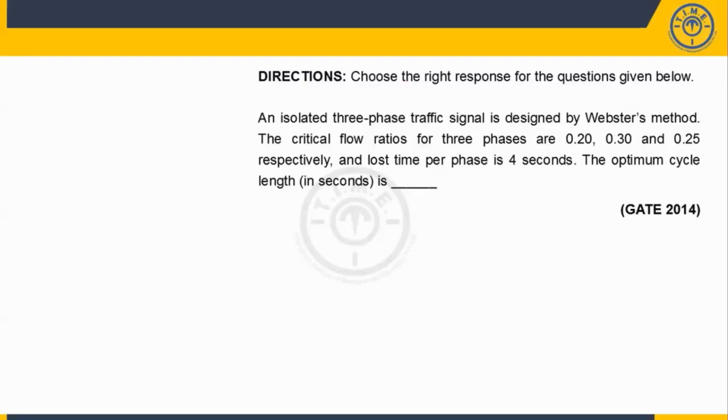What are we asked to calculate? Sir, an isolated three-phase signal is designed by Webster method. The critical flow ratios for these three phases are 0.2, 0.3, and 0.25. That is, we denote critical flow ratios as y1 is equal to 0.2, y2 for the second phase 0.3, y3 0.25.